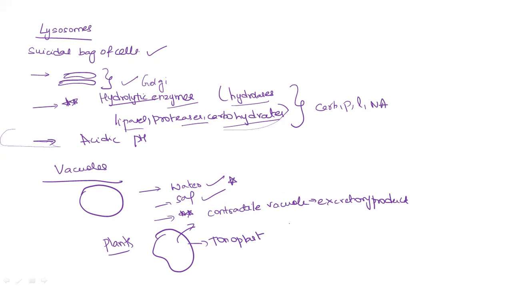And this term is important for you to remember. But now coming to animals, in amoeba, the excretory substance is stored in the contractile vacuole. But in many cells, as in protists, food vacuoles are formed by engulfing the food particles.